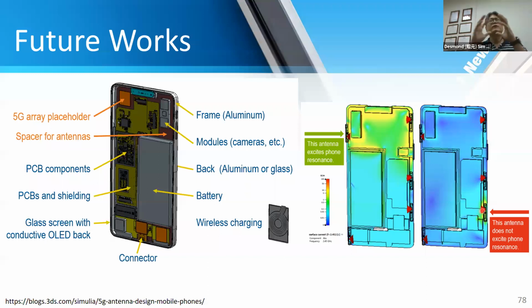So if you can place the antenna, try to adjust it in such a way that it shows a very light green color, meaning the current distribution in the cover of your phone will be very little, meaning that you can place your antenna anywhere. So the EM coupling in here is very important at the moment, because you have to consider almost every component in the phone.